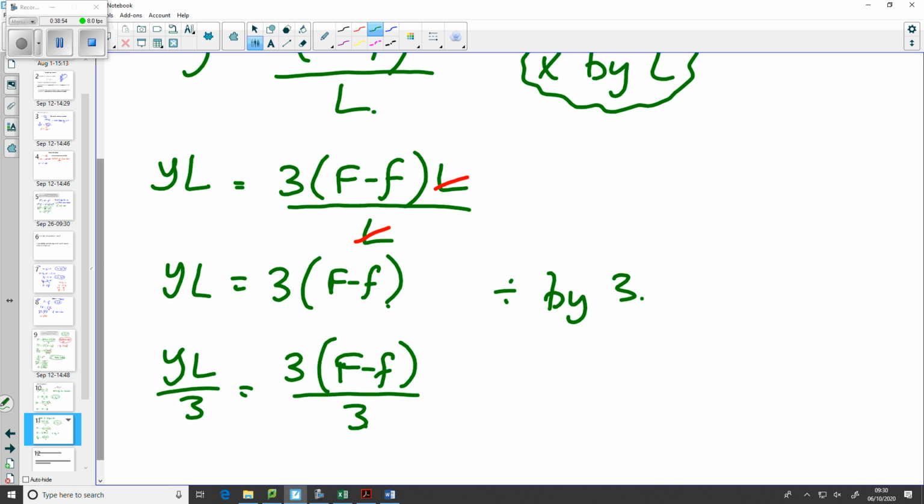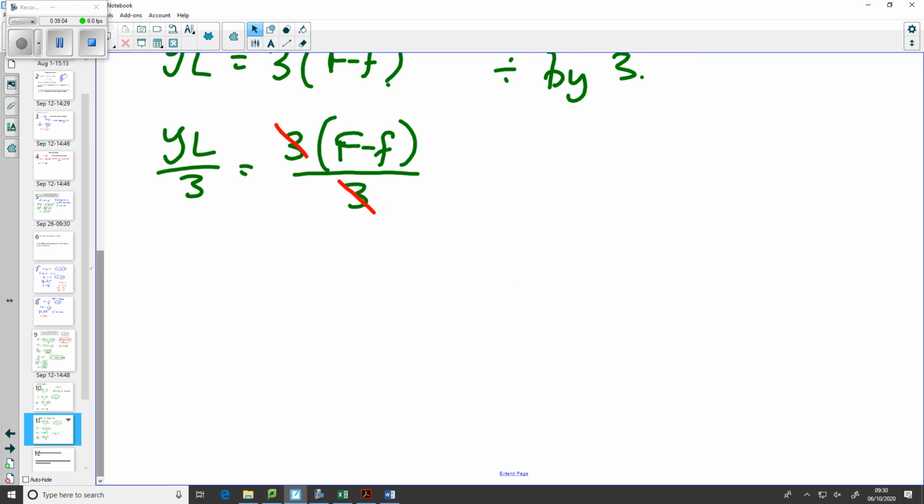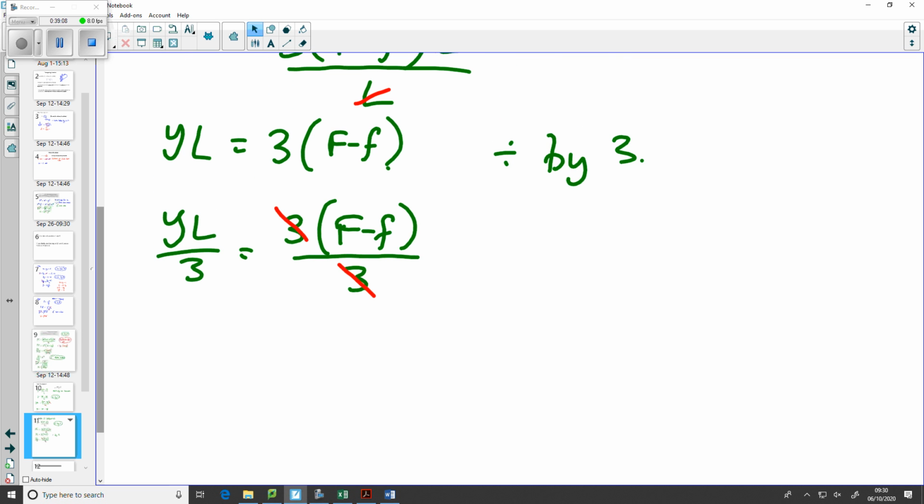Now the 3's cancel out. So we have currently YL over 3 is equal to F minus f.